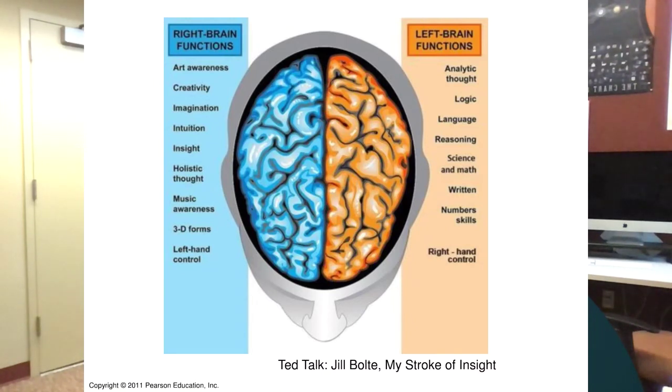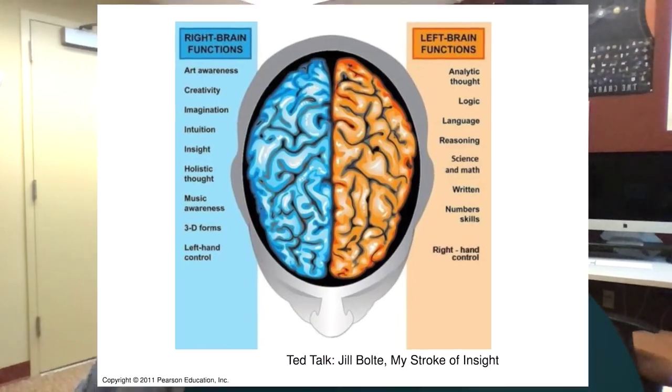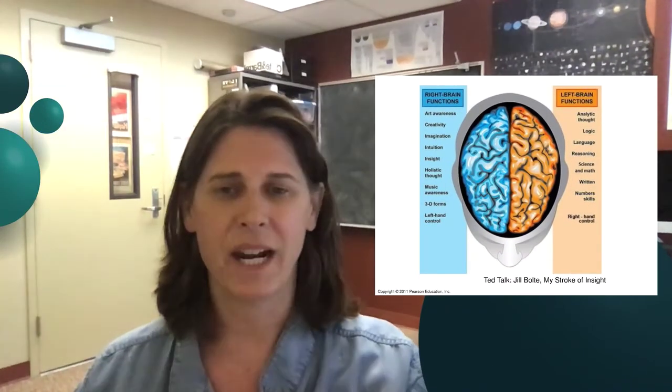And it gave us a lot of insight into the functional difference between the left and the right side of her brain. Basically, during her stroke, the left side of her brain stopped functioning, and she was really living through the right side. So it's a really interesting TED Talk. If you have some time, check that out.